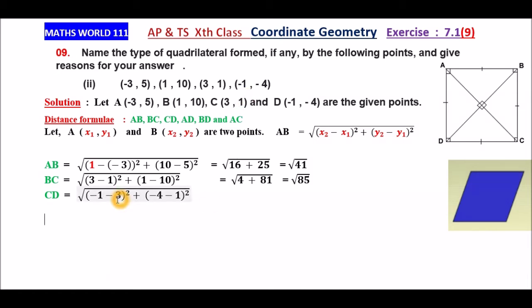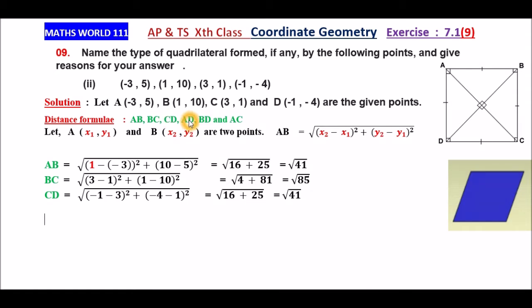That is minus 1 minus 3, which is minus 4, minus 4 whole square is 16, plus minus 4 minus 1, which is minus 5, minus 5 whole square is 25. So we get the square root of 16 plus 25, which is 41. That is root 41. You got it now? We found AB, BC and CD.